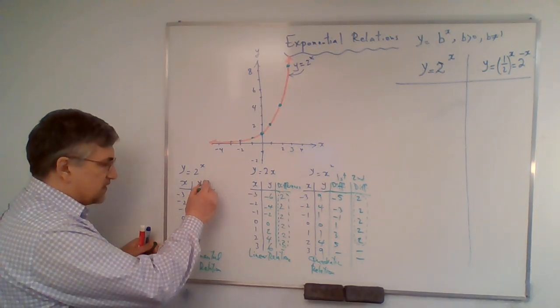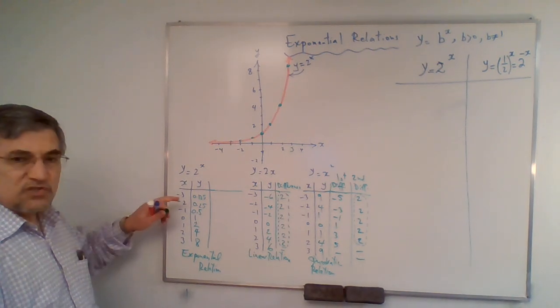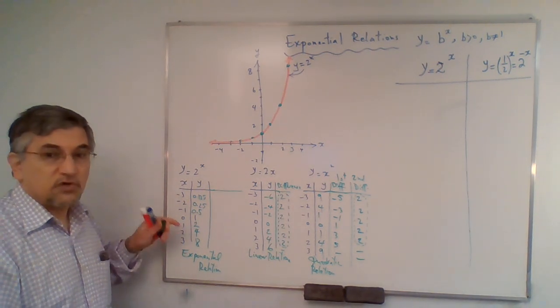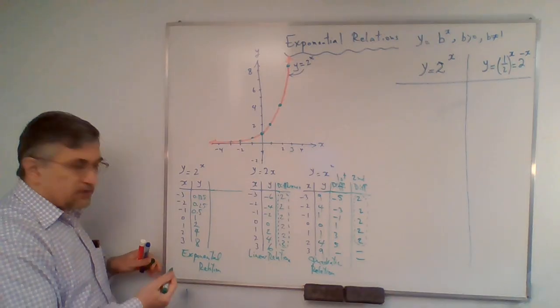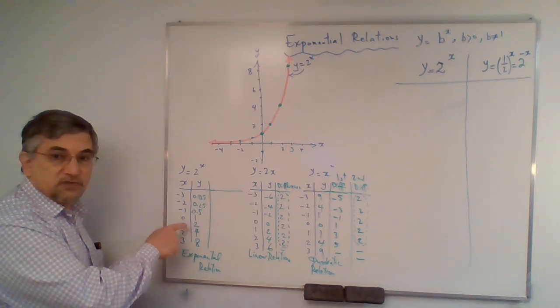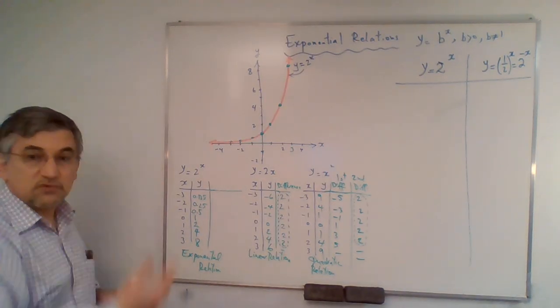But instead, something interesting is happening here, and that is the ratio of successive y values are the same, believe it or not. You might have noticed already that 8 is double the 4, 4 is double the 2, 2 is double the 1, 1 is double the 0.5, and so on and so forth.